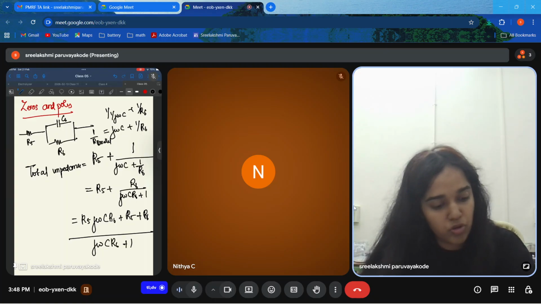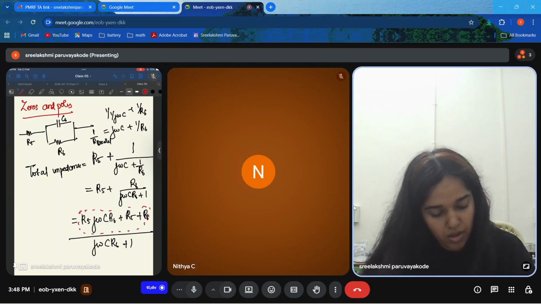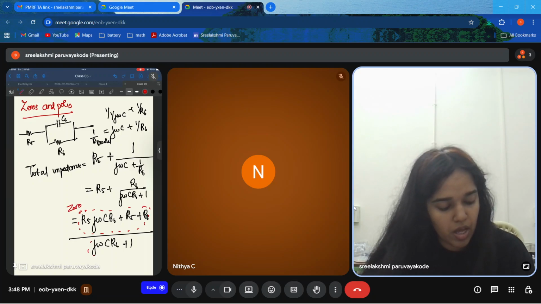Now this equation has both zeros and poles. This portion is called zero. You get the zeros of the equation from the top and the poles from the bottom.